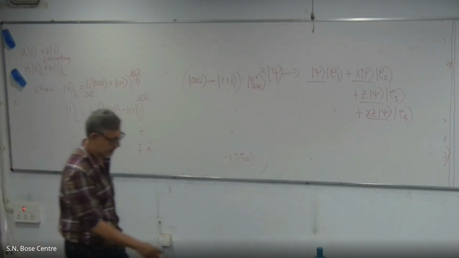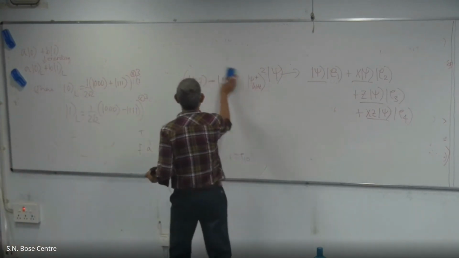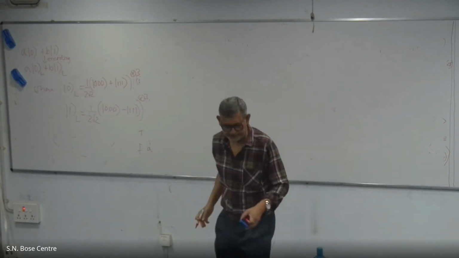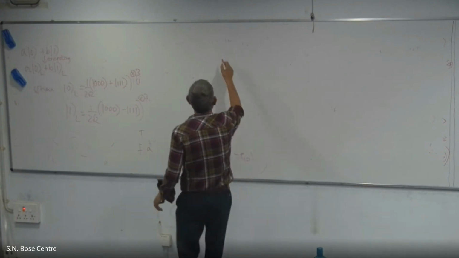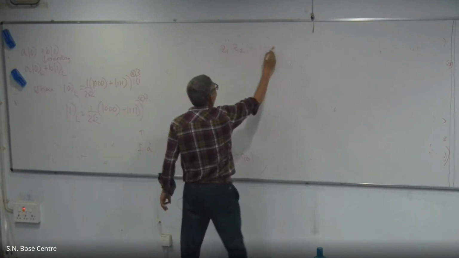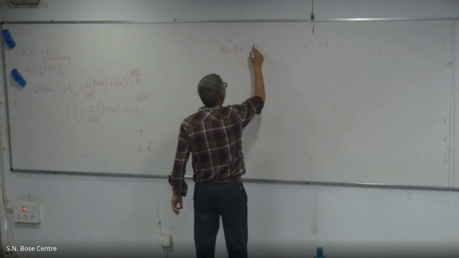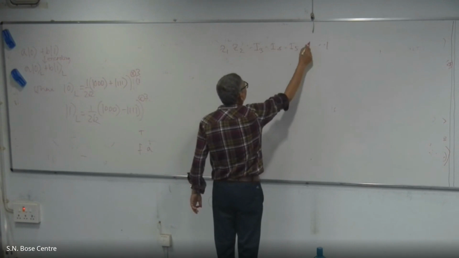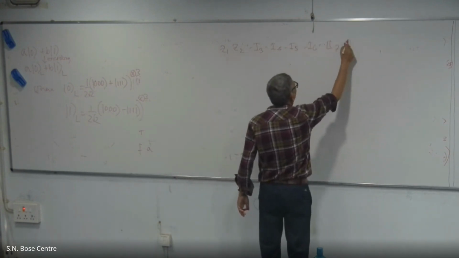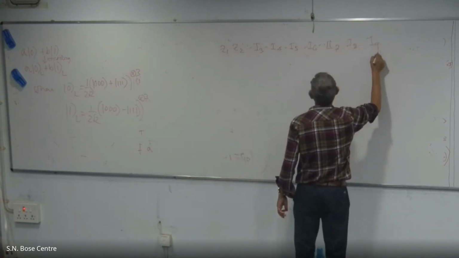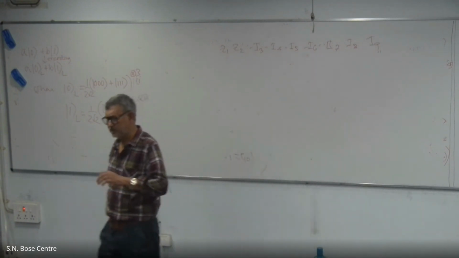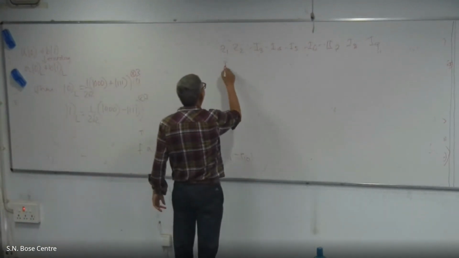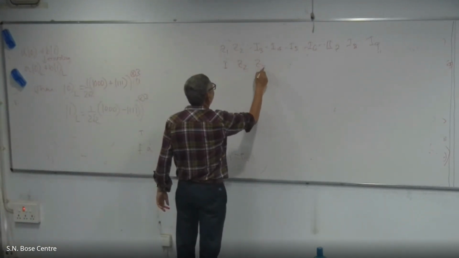Now I am giving you a set of unitary operators. Next is identity. This is I3, I4, I5, I6, I7, I8, I9. Z1 on. So I am just defining operators. Then the rest are identity.